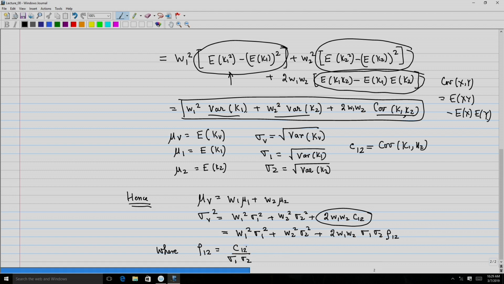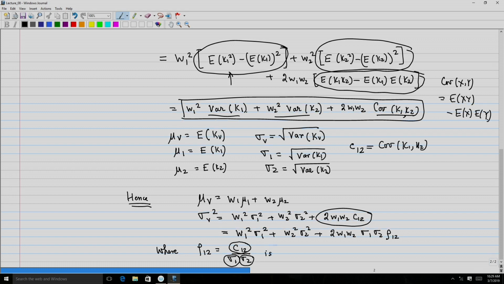Remember that this is nothing but the correlation coefficient, which is the covariance between the two random variables divided by the standard deviation of the first random variable multiplied by the standard deviation of the second random variable.